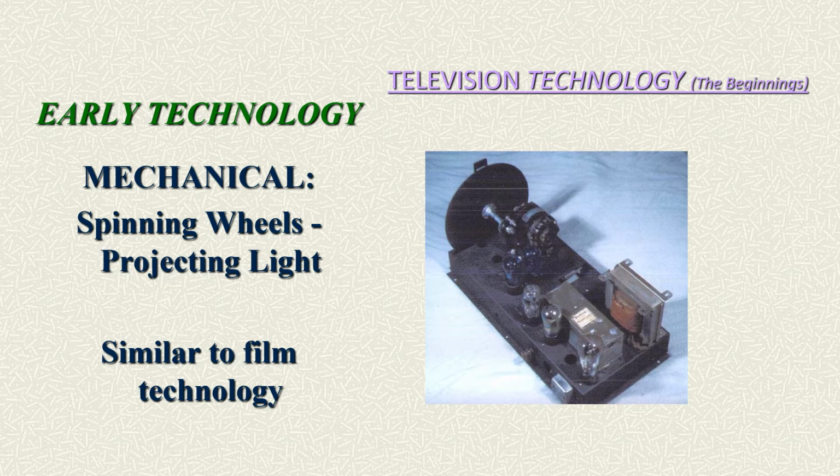So it's really pictures being projected with light onto a screen, and that was the idea behind early television technology. That is, it was going to be mechanical. It was going to be light projecting images on a screen.